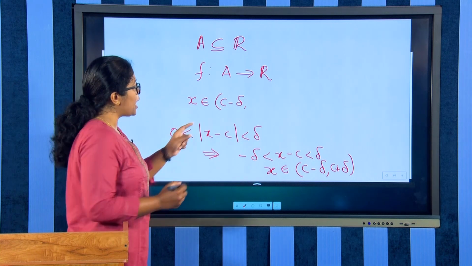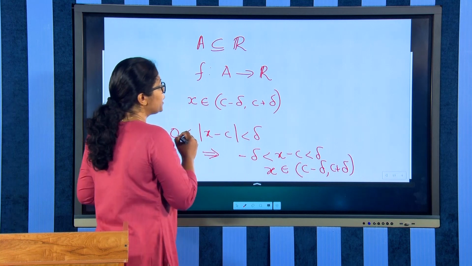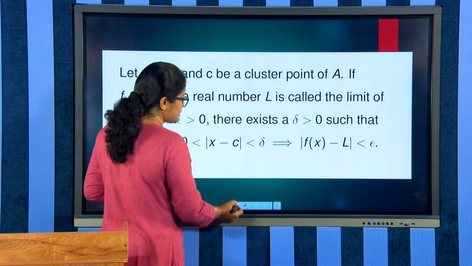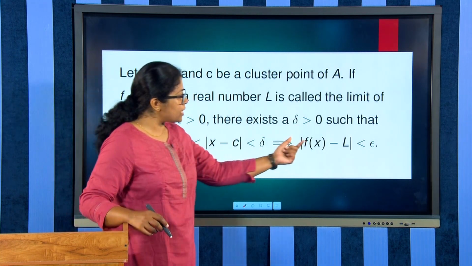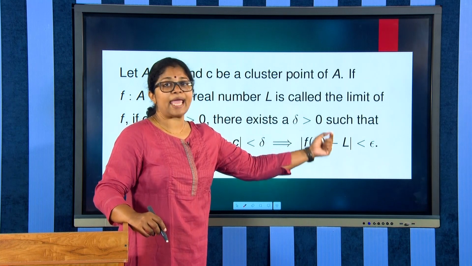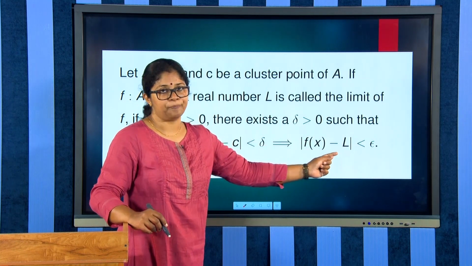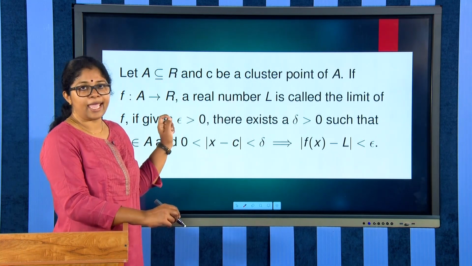Whenever x belongs to (c minus delta, c plus delta), this implies modulus of f of x minus L is less than epsilon. That means f of x becomes an element in the epsilon neighborhood of this real number L. Then we will say that L is the limit of the function f.